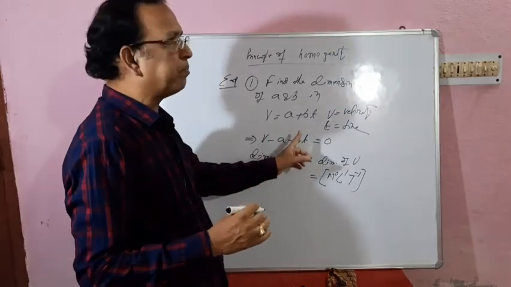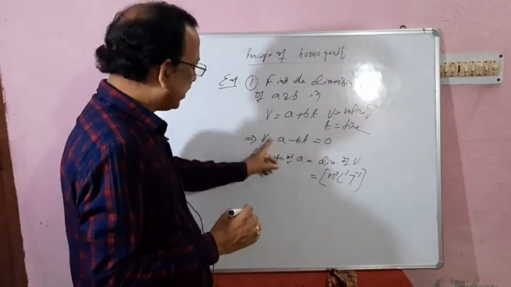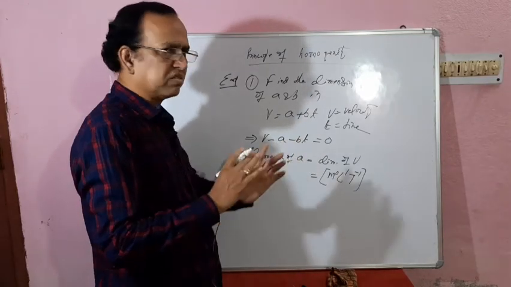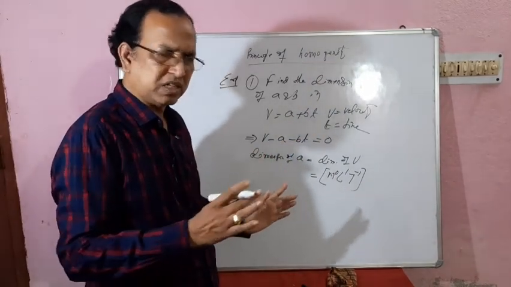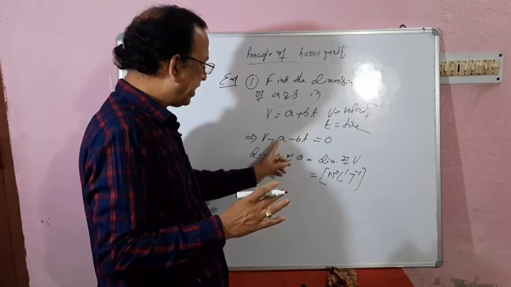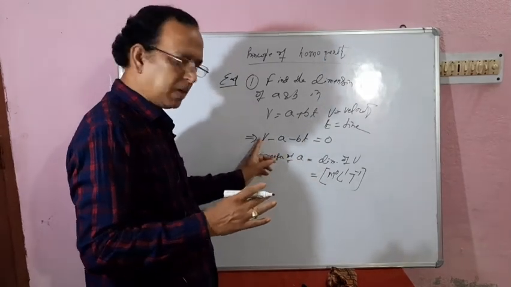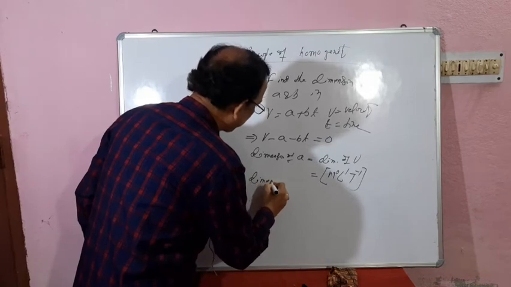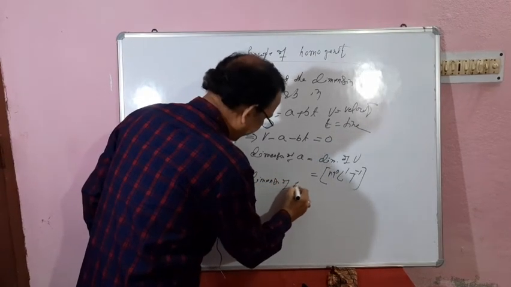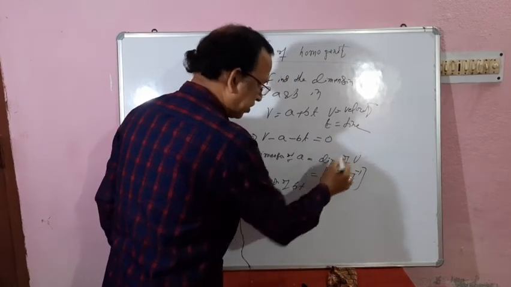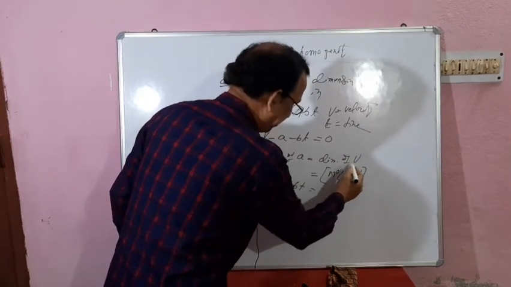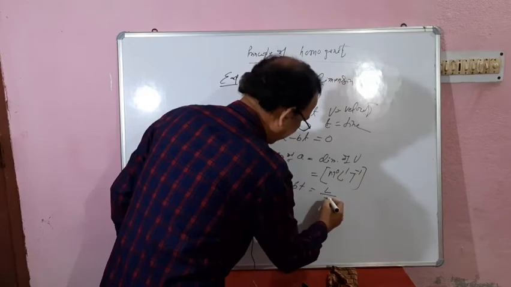Now dimension of Bt is equal to dimension of v also. So dimension of Bt is equal to dimension of v, that is L by T.